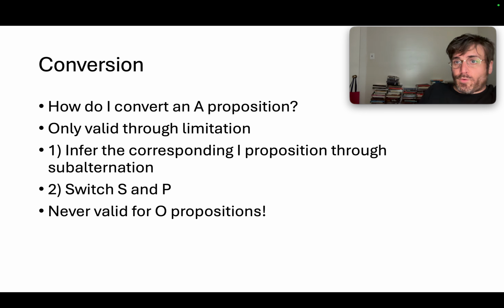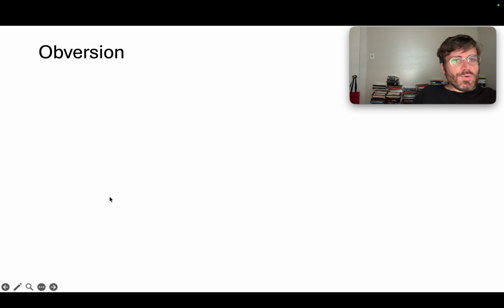You have to transform the universal into a particular and then apply conversion. So it's just one extra step, but still finding the converse for an A proposition is pretty straightforward. All right. We now move on to our second type of immediate inference, and this is known as obversion.